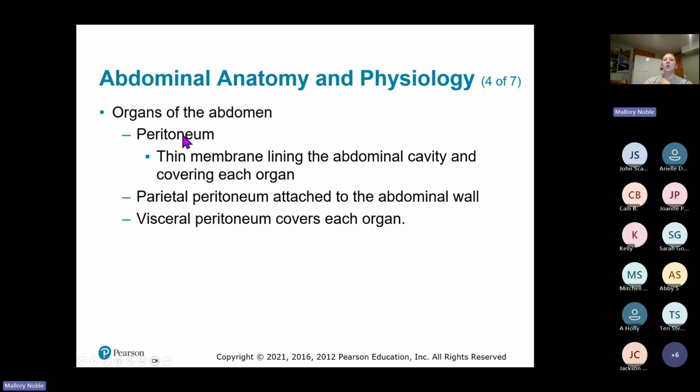If I were to say pleura, that's essentially the same thing. It's this thin membrane lining, but the pleura is around the chest cavity, so kind of around our lungs. If I were to say dura, D-U-R-A, the dura is around the skull cavity. Parietal versus visceral are just other descriptor words as well. So parietal always covers the cavity.